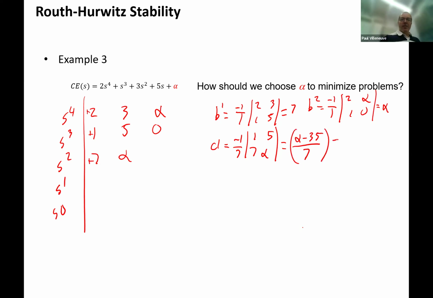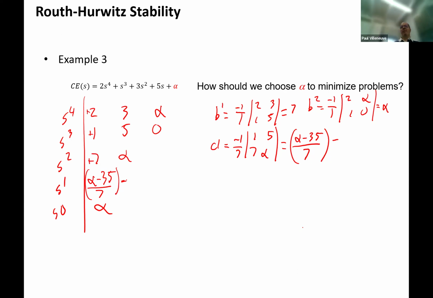All right, so this becomes negative alpha minus 35 over 7. And we can do the calculation if we want, but we know that that's alpha. So how do I minimize problems? Oh, should have a negative sign here. Yes, thank you.